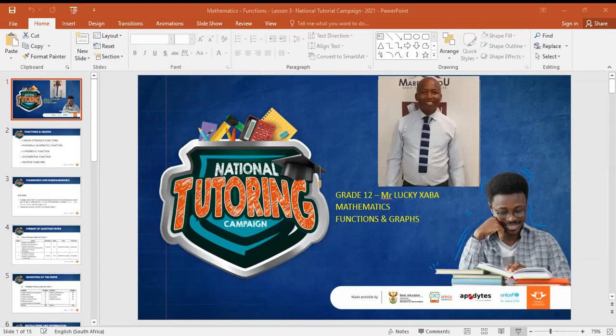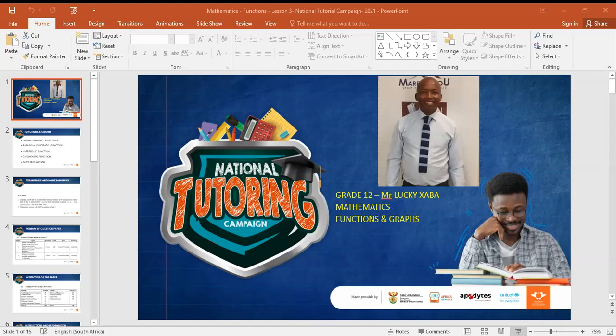So under the different types of functions that you should have studied up to your matric, we have a linear function, what is known as a straight line function. With a linear function, first thing we need to know is the general formula of the straight line.